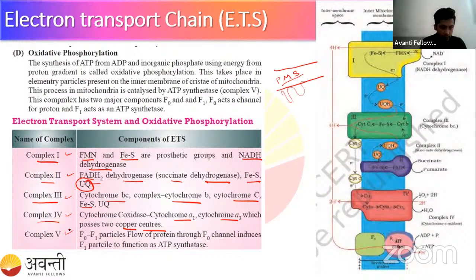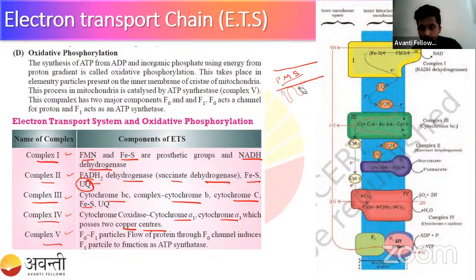And finally, we have complex 5. Complex 5 is very easy to understand because you just have to remember the structure of ATP synthase, which has F0 and F1 particles. We have a little bit of an idea because we talked about this same thing in our chemiosmotic pathway. So let us rest that particular thing, having the confidence that we know about it. We'll discuss that in the end also.